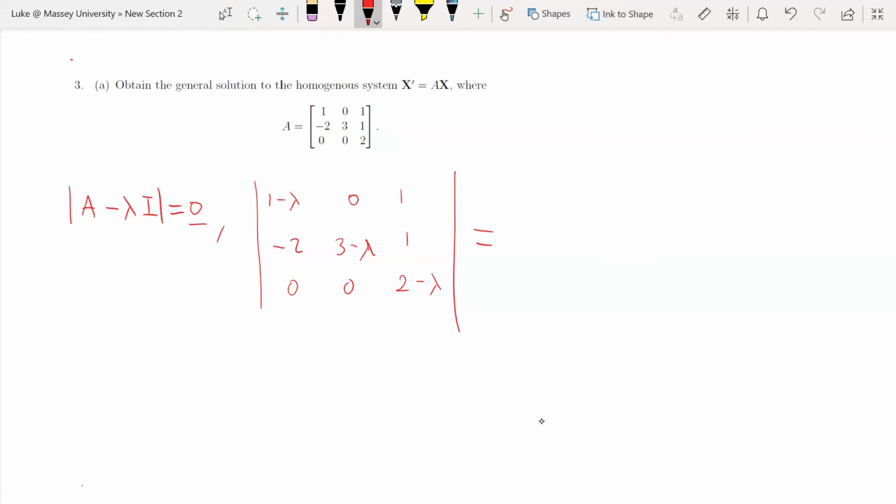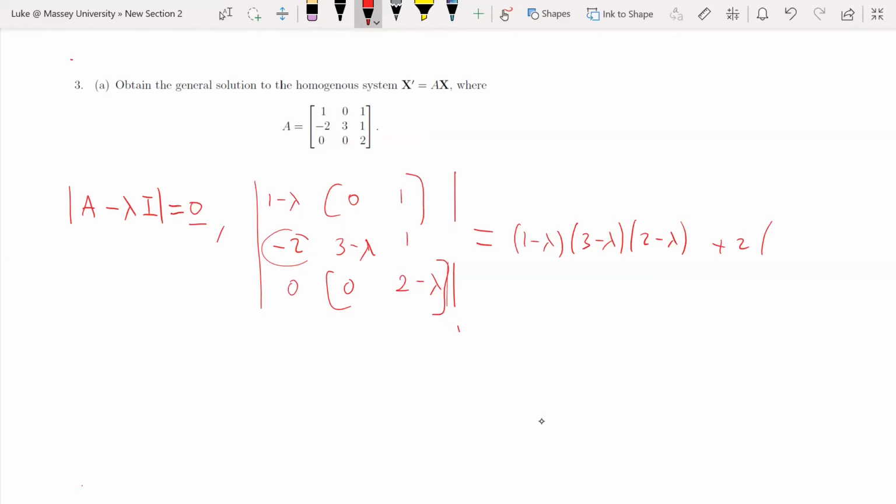So I'm going to get 1 minus lambda times this determinant, which is 3 minus lambda times 2 minus lambda. Take away minus 2, so plus 2, times the determinant of, let's delete those lines for the minute, this other submatrix here.